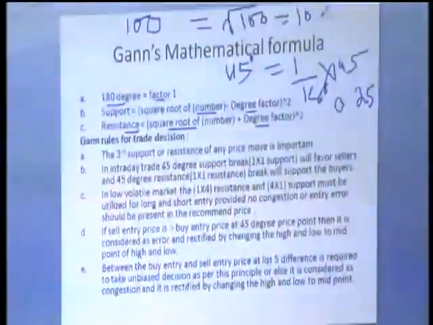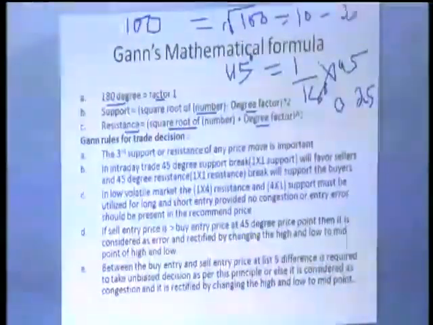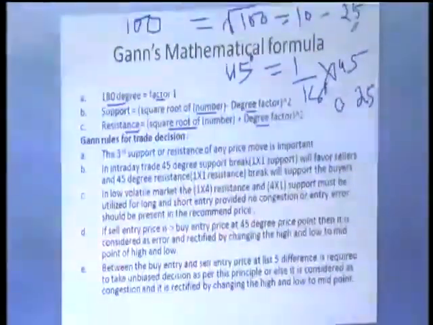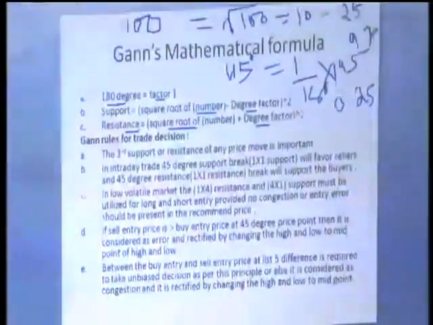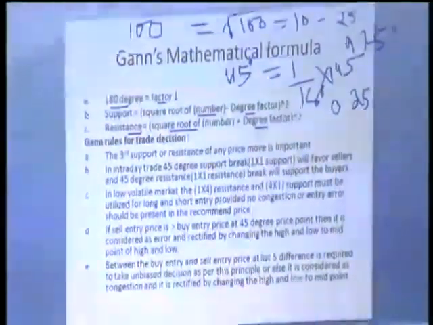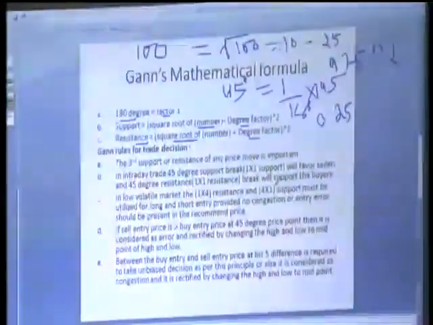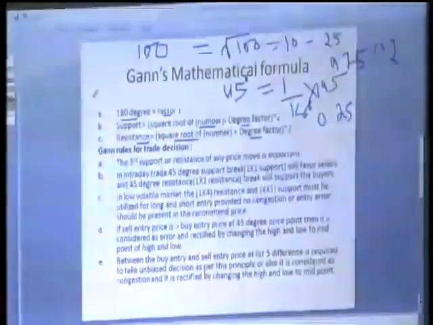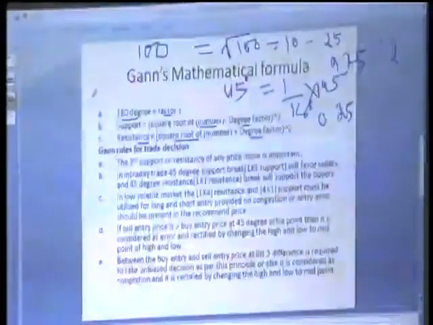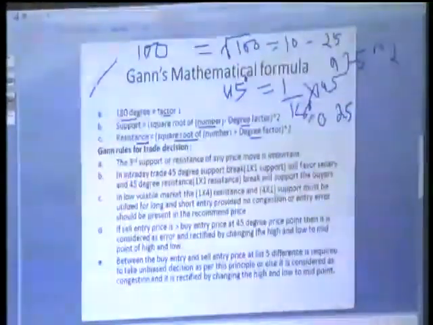This 10 will be reduced by 0.25, which gives me 9.75. And this 9.75 I will square, which will give me the price point through which the 45 degree support trend line will cross.